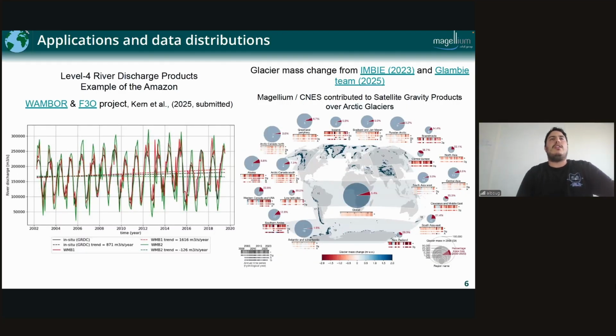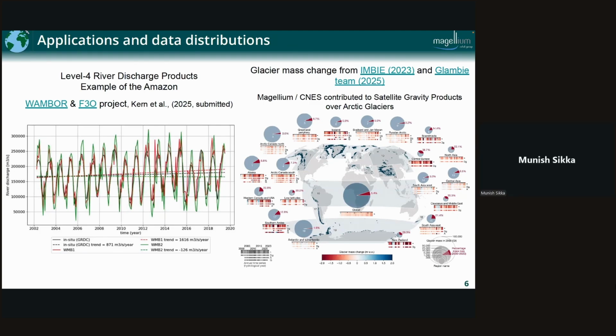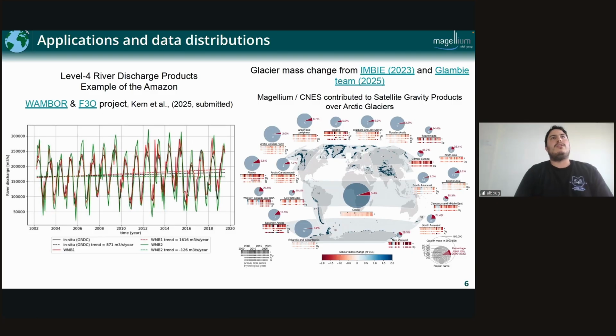This time, not on ocean study subjects, but more on the cryosphere on the right and hydrology on the left. If I start with hydrology, several projects use the CNES gravity products. One minute left, I will quickly sum it up. We produce some added value products such as river flow.